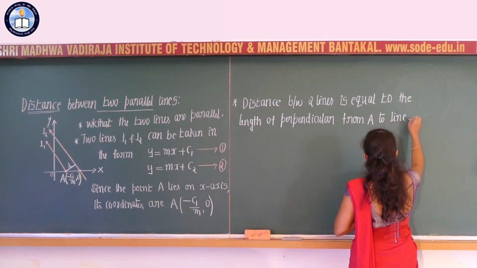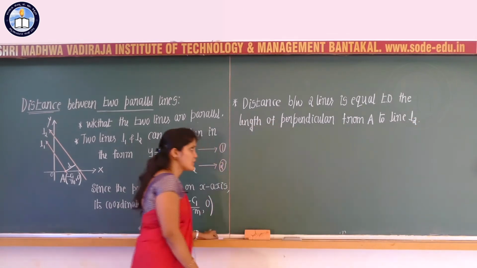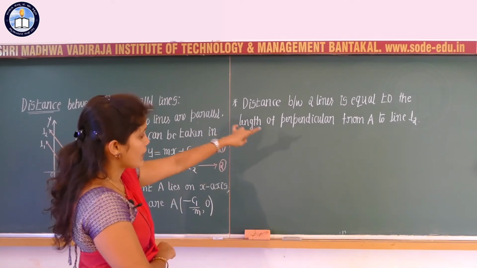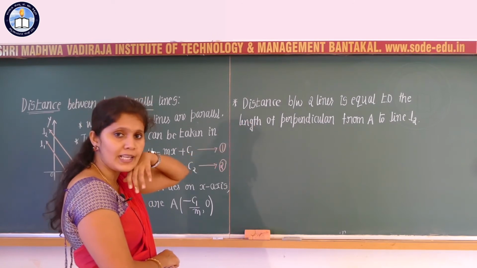So the distance between these two parallel lines is nothing but the perpendicular distance from the point A to the line L2.